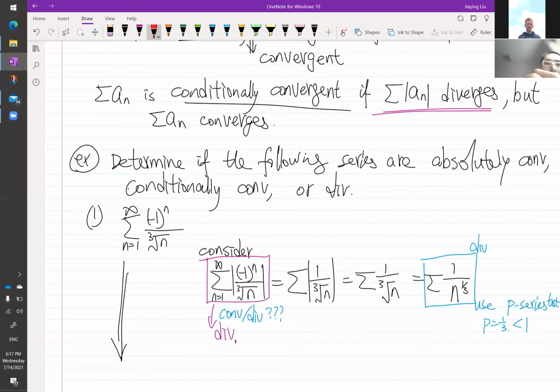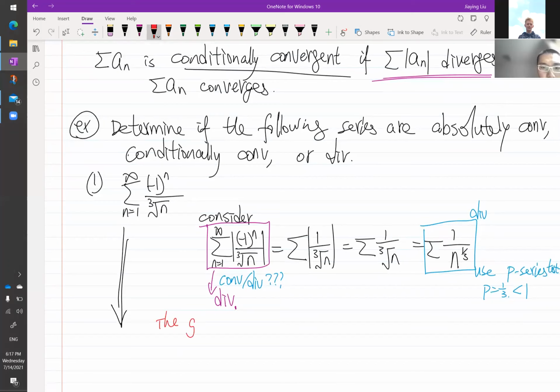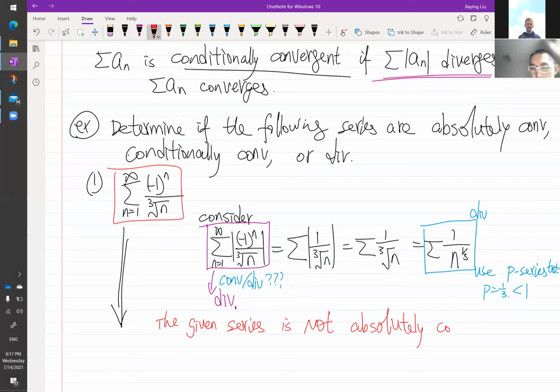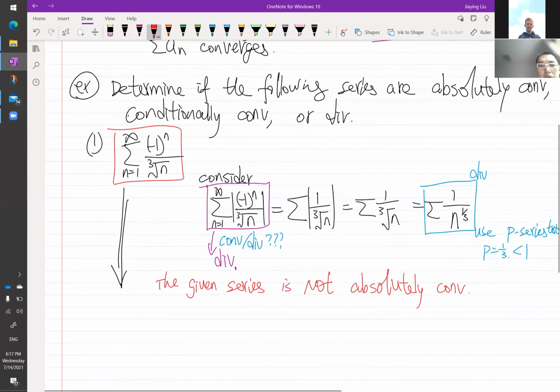So let me write down. The given series, this one, is not absolutely convergent, because the absolute value series diverges. Well, let's see if the given series itself is convergent or not.